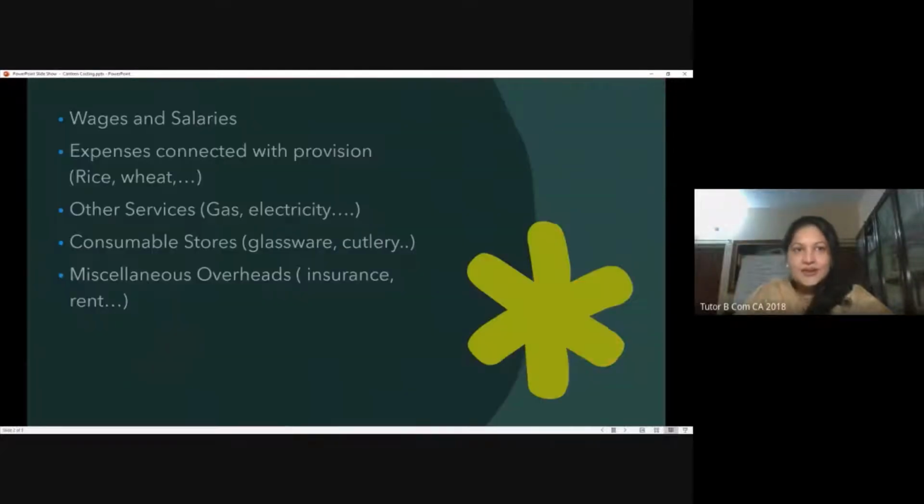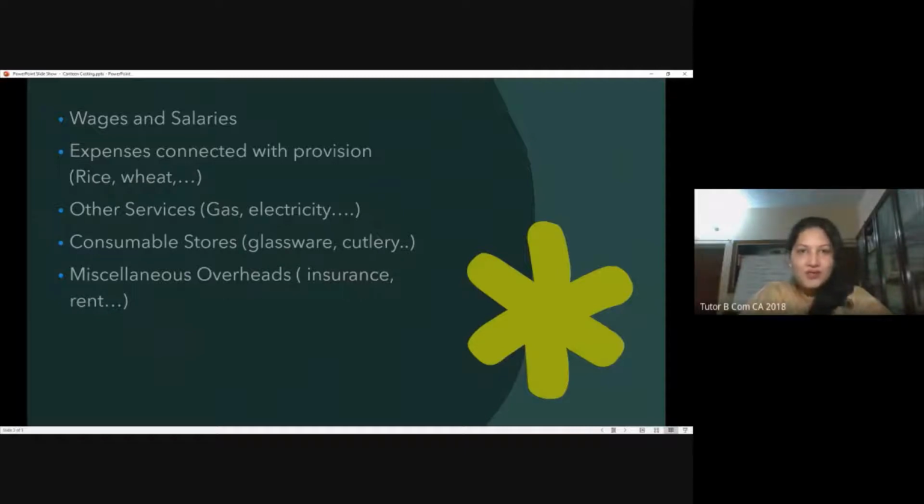And the next thing is the type of expenses which will be incurred in a canteen setup. First is the wages and salaries for the employees, and second is the expenses connected with provisions, like what we need for making our food.